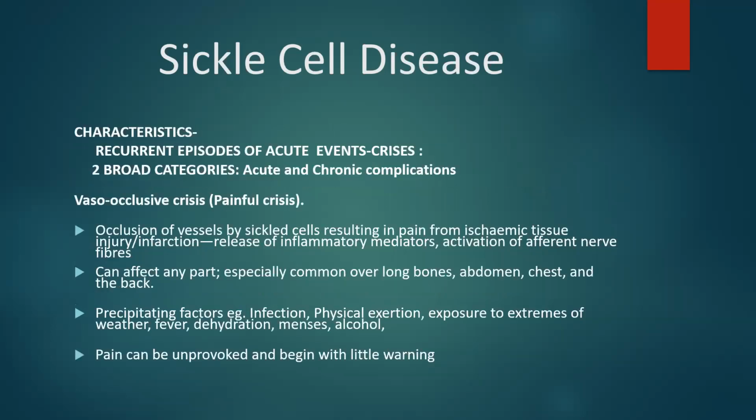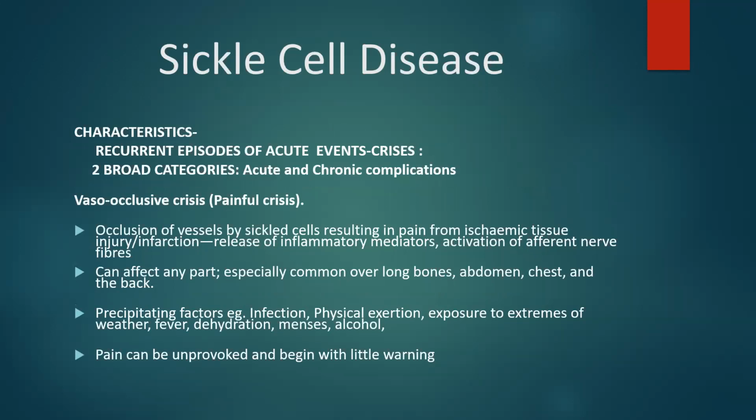So one of the complications, or one of the characteristics of this particular condition, is the vaso-occlusive crisis, which is also called the painful crisis. There are two types. You have the acute and then the chronic complication.